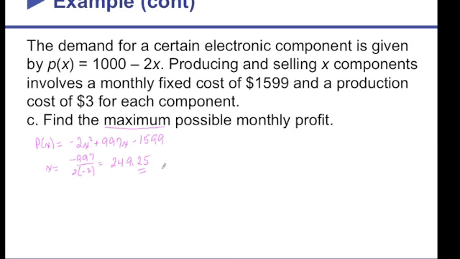And we want the profit, so we really want the y value. Finding that, my profit for 249 items will be negative 2 times 249 squared plus 997 times 249 minus the 1599, and it turns out my profit will be $122,652.